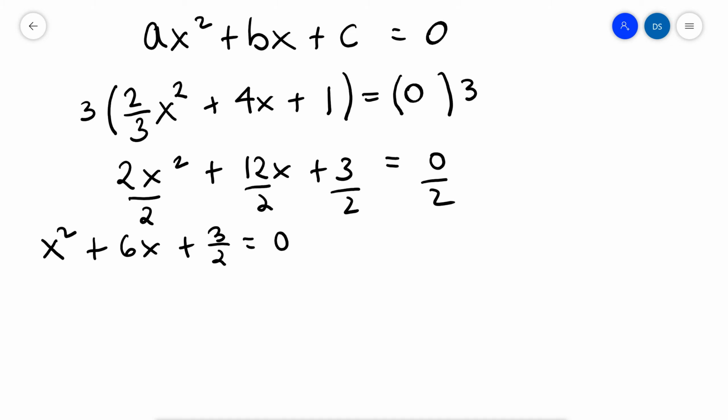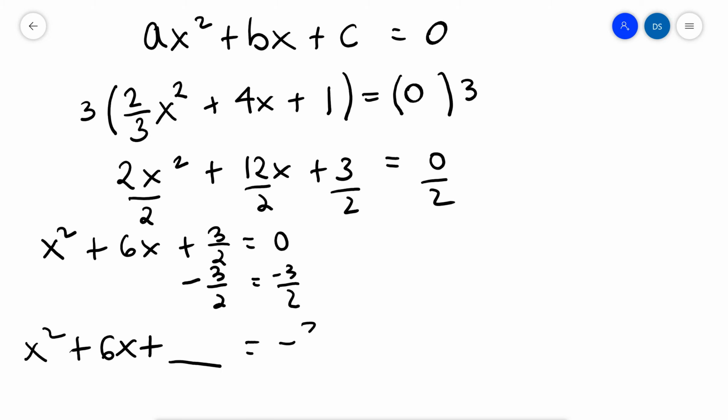And once we have a equal to 1, we're going to subtract 3/2 from both sides, the c coefficient. And we have x squared plus 6x plus, and what I'd like to do is put a space here for it, negative 3/2 plus space. So you know you're going to have to add something there.